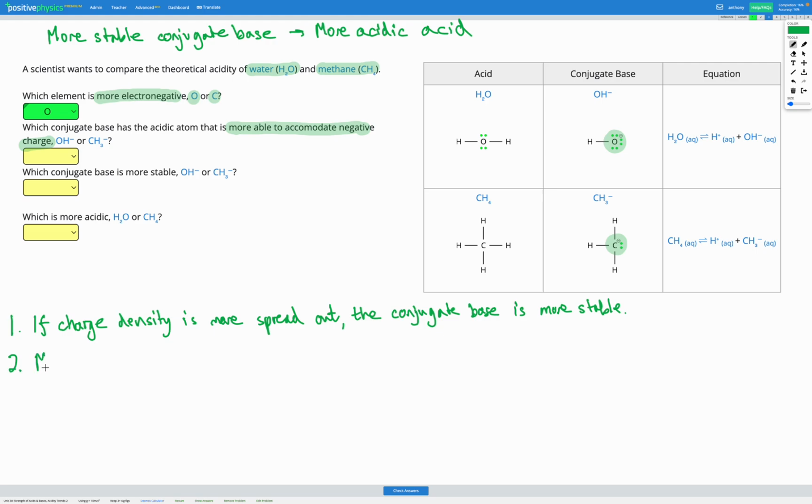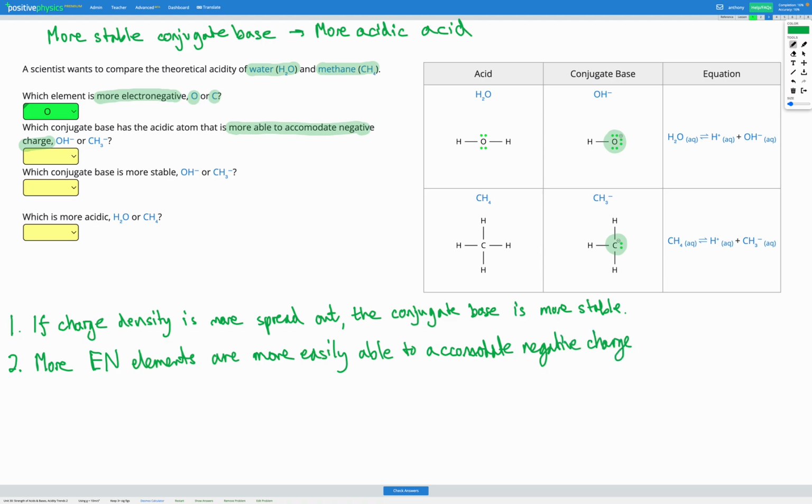More electronegative elements are more easily able to accommodate negative charge. And if they're more easily able to accommodate it, that means the conjugate base is going to be more stable.